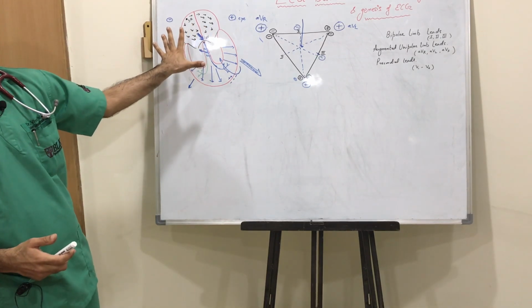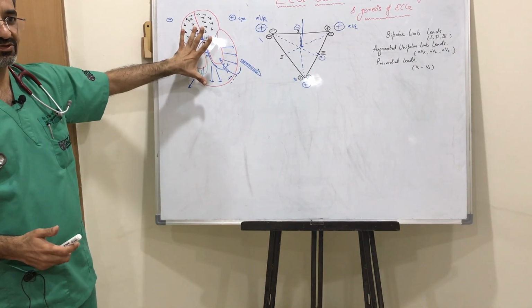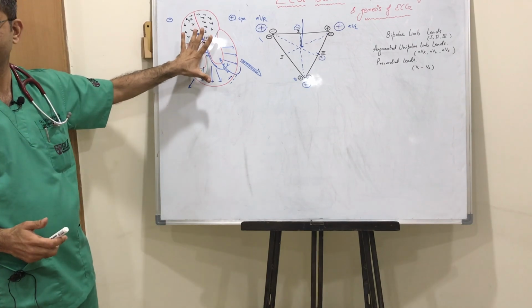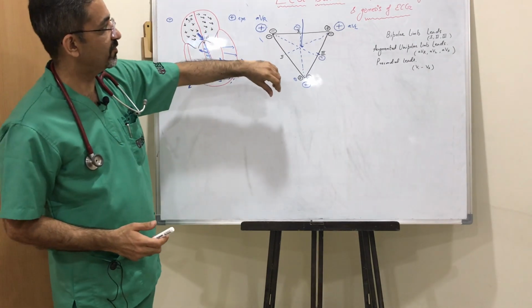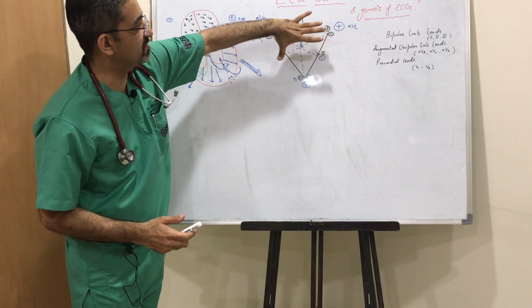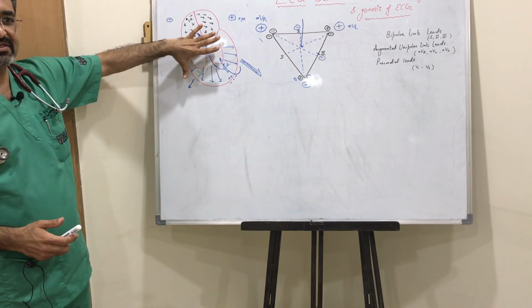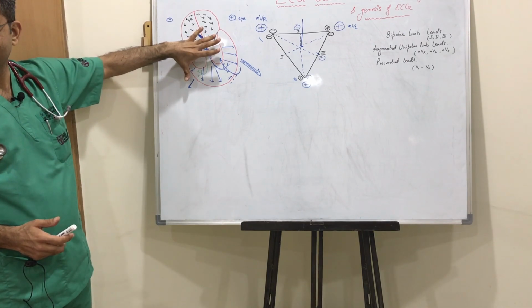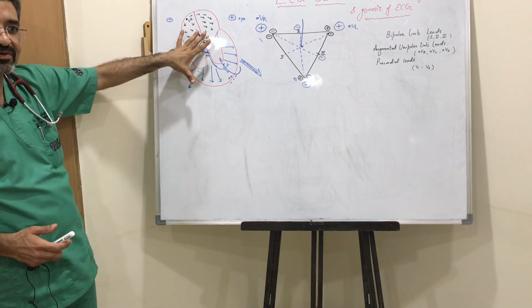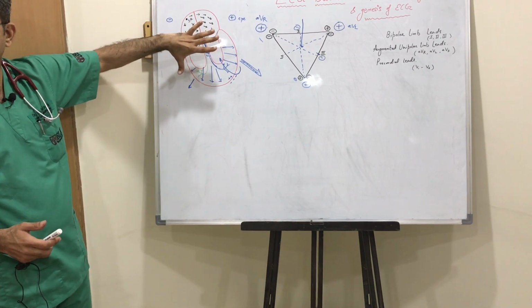Lead 2 was like this, AVF is like this. If I pull AVL like this and place it here, it will somewhat look like lead 3. The only change is in the direction, slightly.